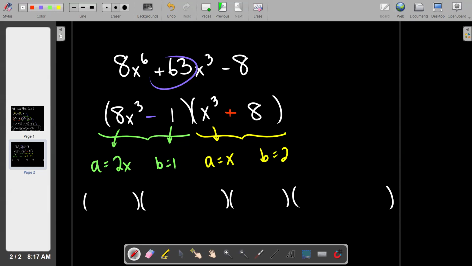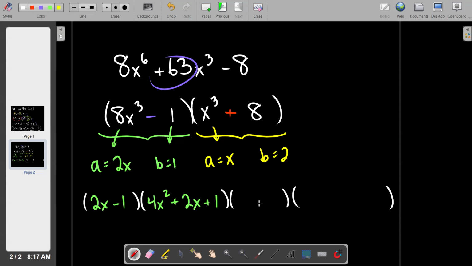So what is my first short set going to be? Green only. 2x. Nice. What's my long set going to be? 2x, da, da, da, 4x squared, plus 2. Plus. Good. Let's move on to yellow.